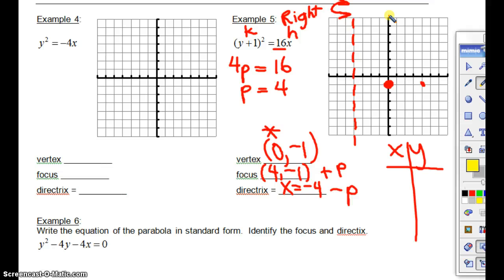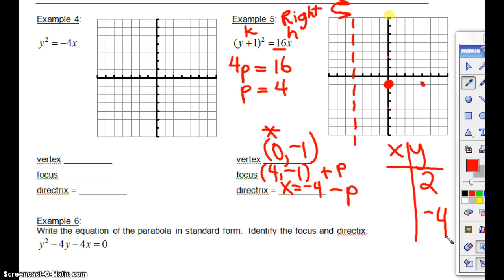So since my vertex is at negative 1, if I move up 3 places, 1, 2, 3, that's at a positive 2. I'm going to choose y equals 2. And then if I move down 3 places, 1, 2, 3, I'll be here. And that's at y equals negative 4.